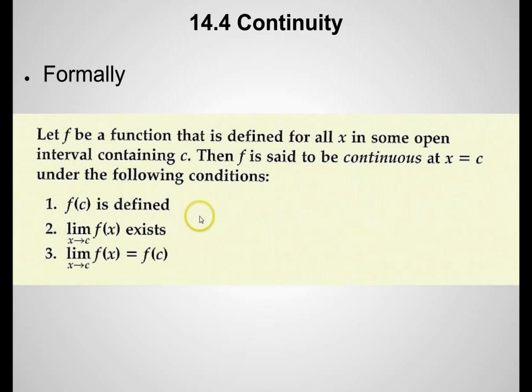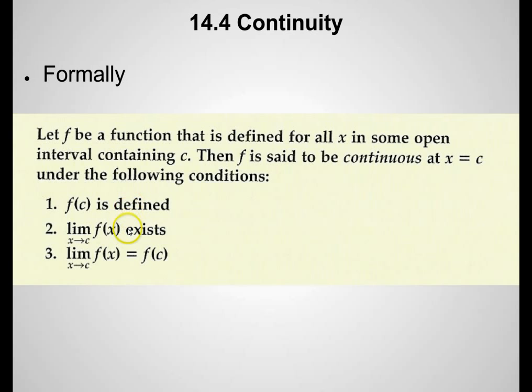So the function has to be defined at c. Second, the limit of the function must exist as x approaches c. This is why continuity is put off until we understand the concept of limit. And the two are tied together in the third requirement, which is that whatever you get for 1 has to equal whatever you get for 2.